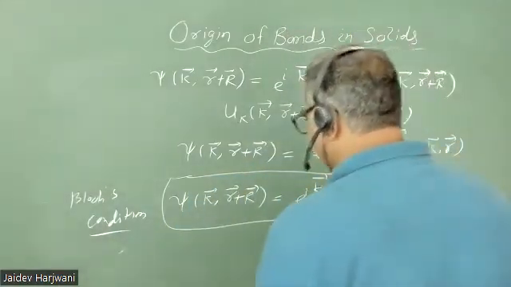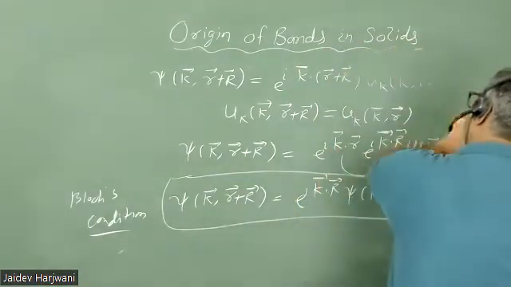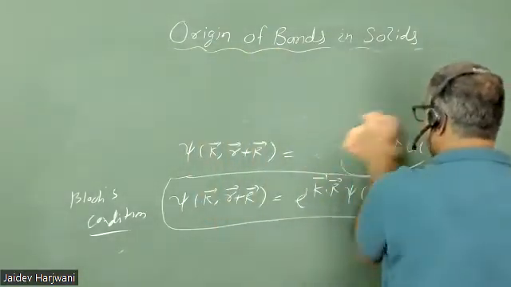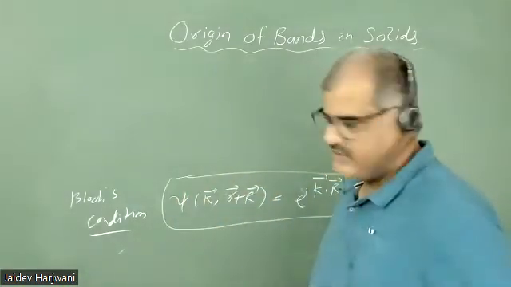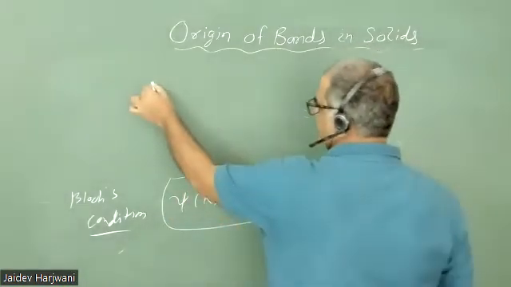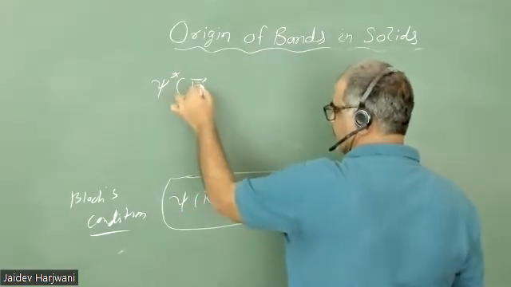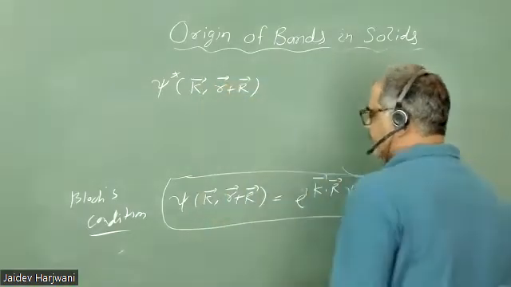Now here I have written this for psi. Let me write this for its complex conjugate. I can write the same condition for the complex conjugate psi star_k(r + R).